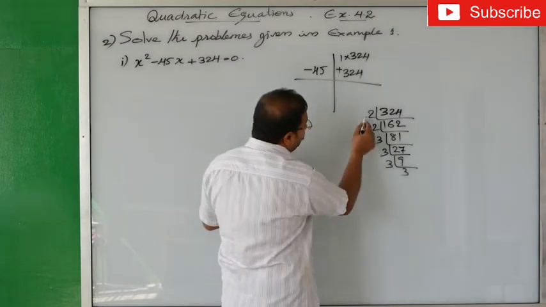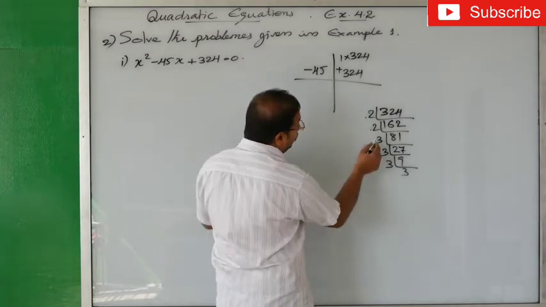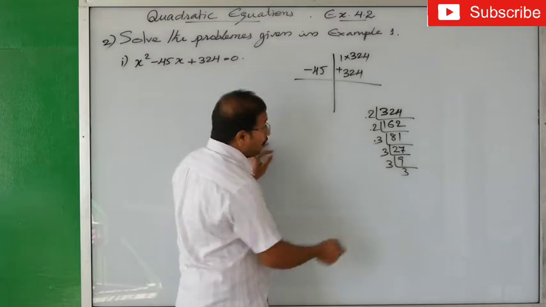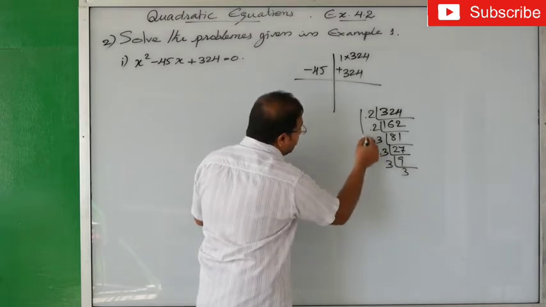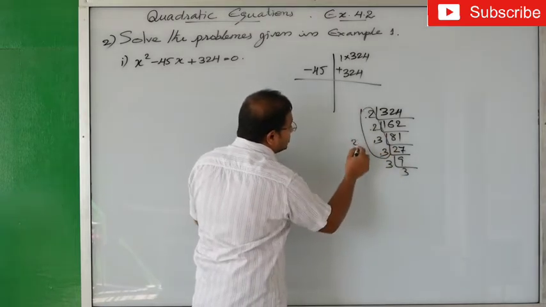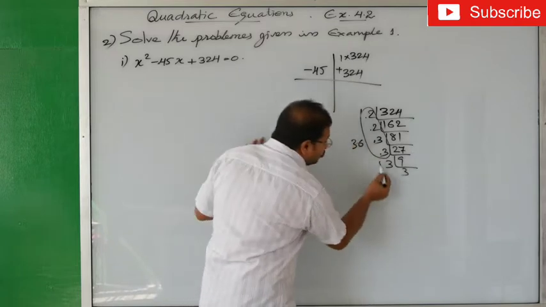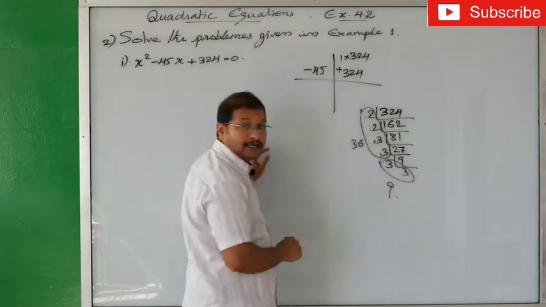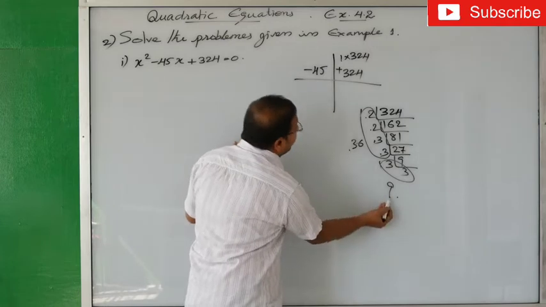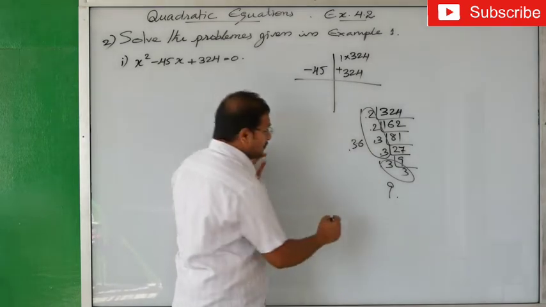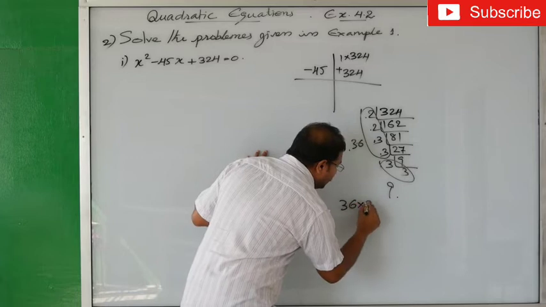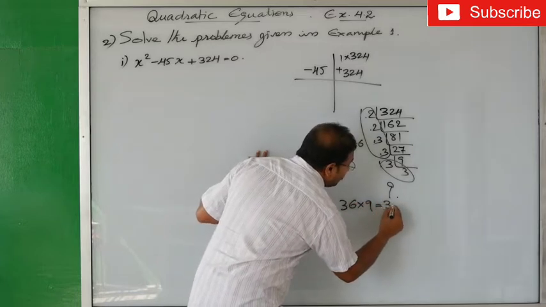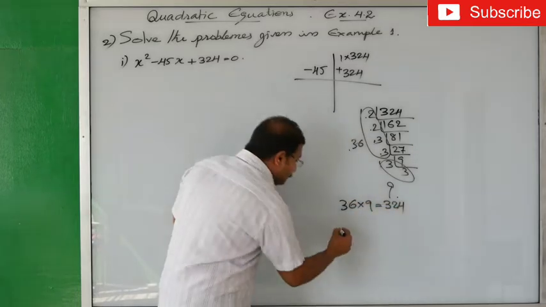Now what you will do? 2 into 2, 4. 4 into 3, 12. 12 3s are 36. This will take together 36. And 3 into 3, 9. Let's see now. 36 into 9, sure we'll get 324. 36 into 9, you have to get 324. Now let's see.